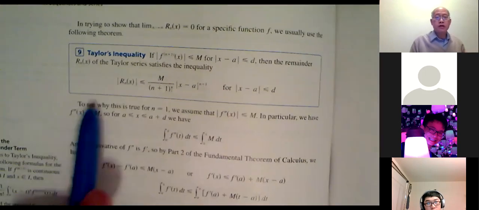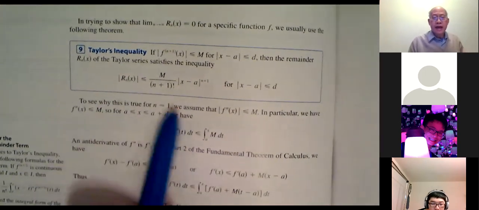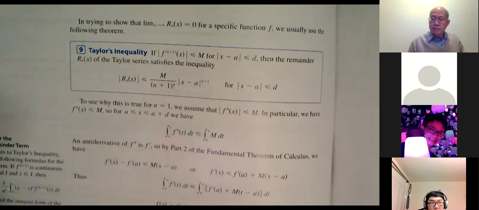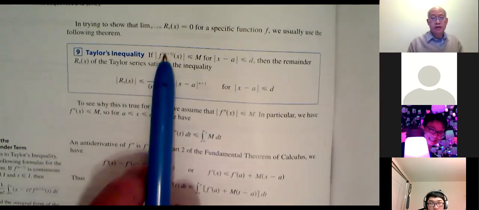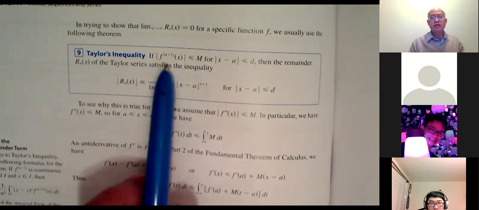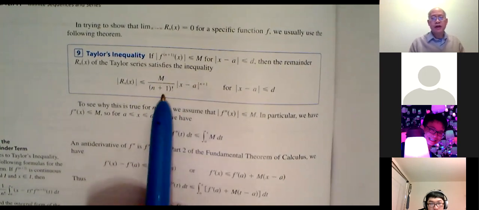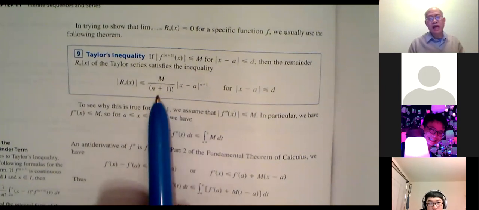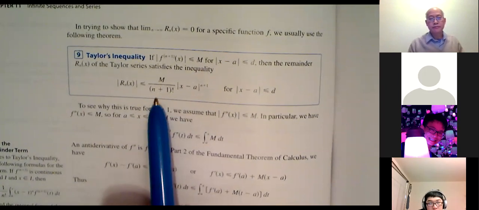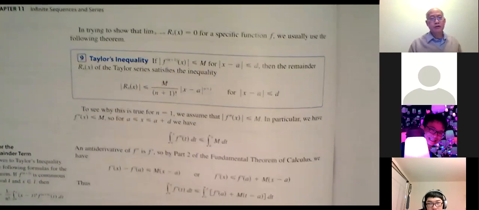So the absolute value of R sub n of x is less than or equal to M. They put M. It's easy to memorize. I know you're not memorizing, but to be consistent, it's basically the n plus first derivative, exponent, factorial, in absolute value. So absolute value here, here. You don't have to say absolute value here, this is already positive. And that's an estimate for the remainder.